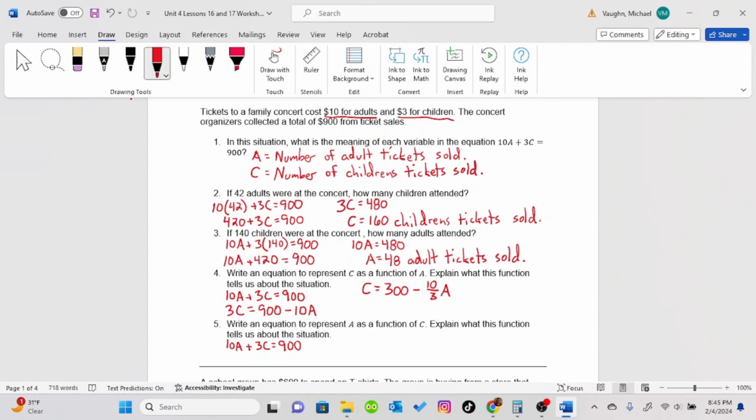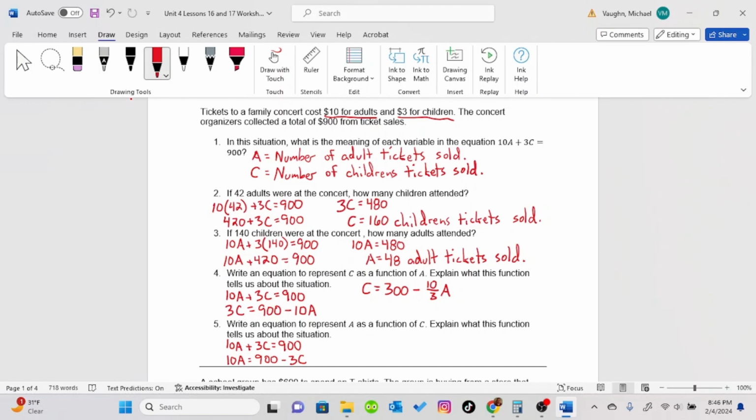This time, we want an equation that solves for a. So the first thing we're going to do is subtract 3c from both sides. So we have 10a equals 900 minus 3c.